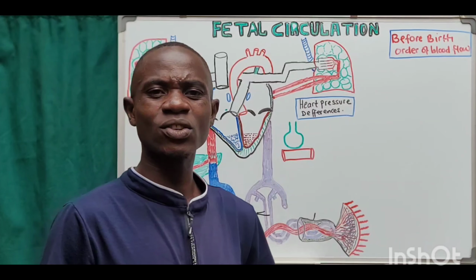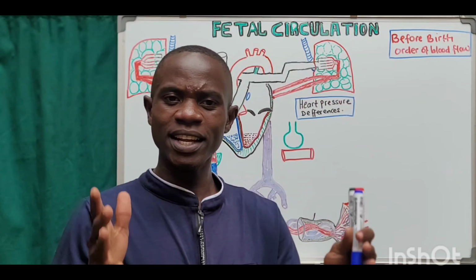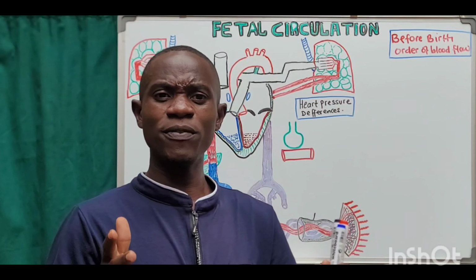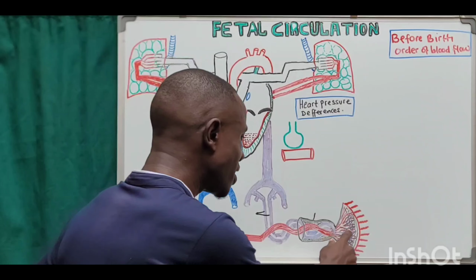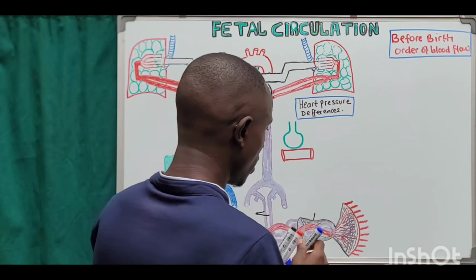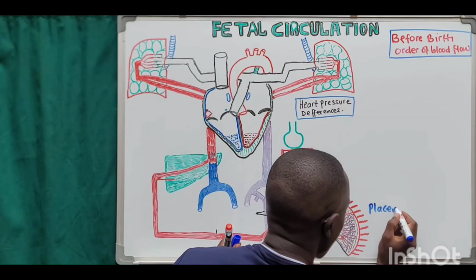This is what feeds the fetus with oxygen, with all the required nutrients, and allows the removal of different kinds of waste during fetal life. This is what we call the placenta.